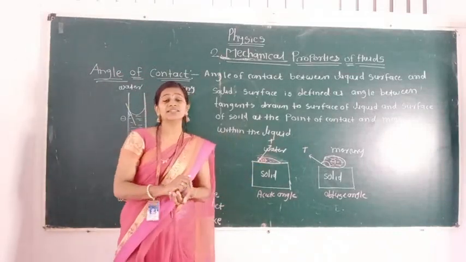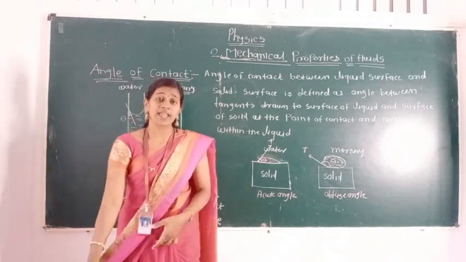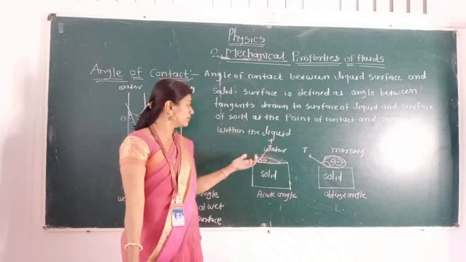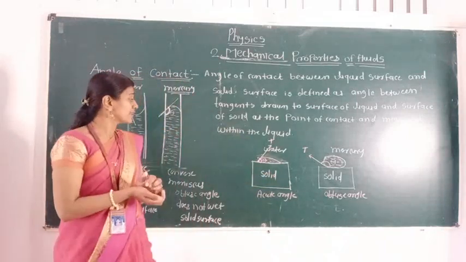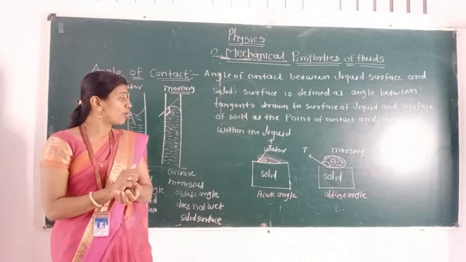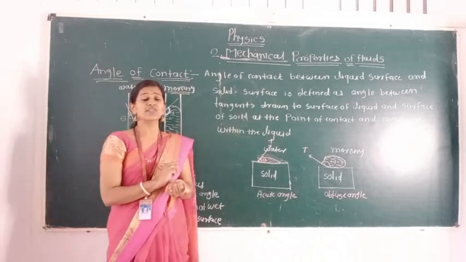इसके some characteristics हैं angle of contact के. Next हमारे पास एक और भी point है कि angle of contact किसके ऊपर depend है, वो भी हम देखेंगे. We are going to see the characteristics of the angle of contact. The first characteristic is that for a given pair of solid and liquid, it is a constant.